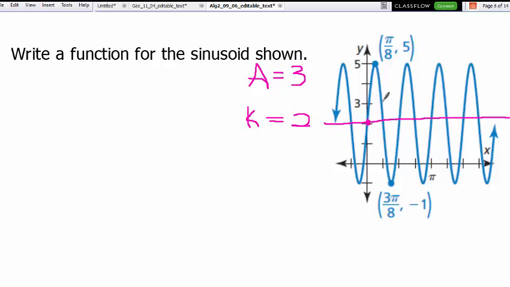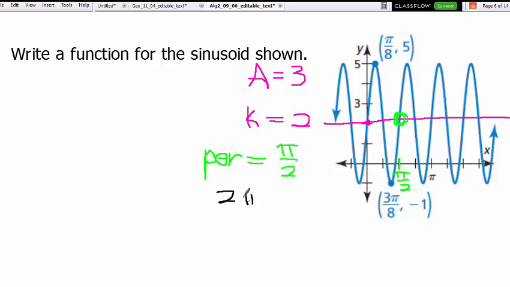Then I need to figure out my period, and I need to look at one cycle and only one cycle. That cycle is going to end right there, and that mark right there, the only mark I see is pi, so that one is going to have to be pi over 2. So my period is pi over 2.